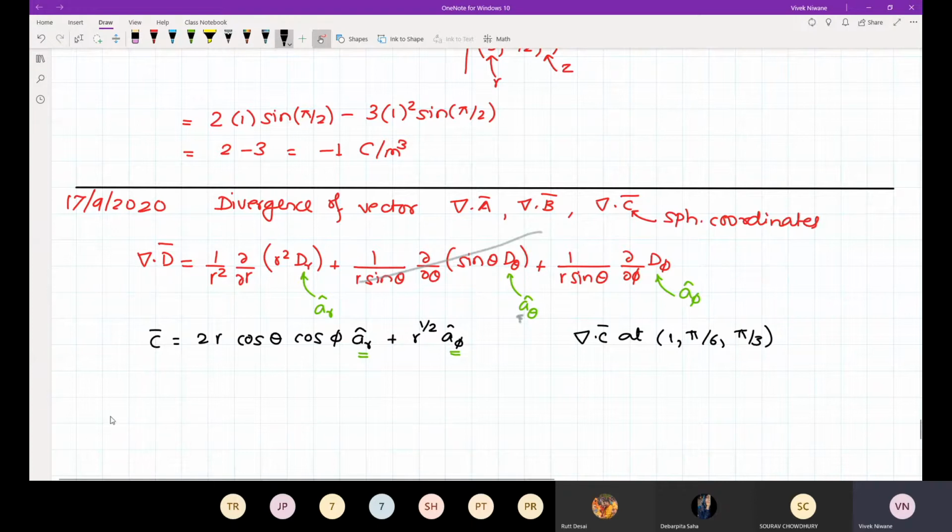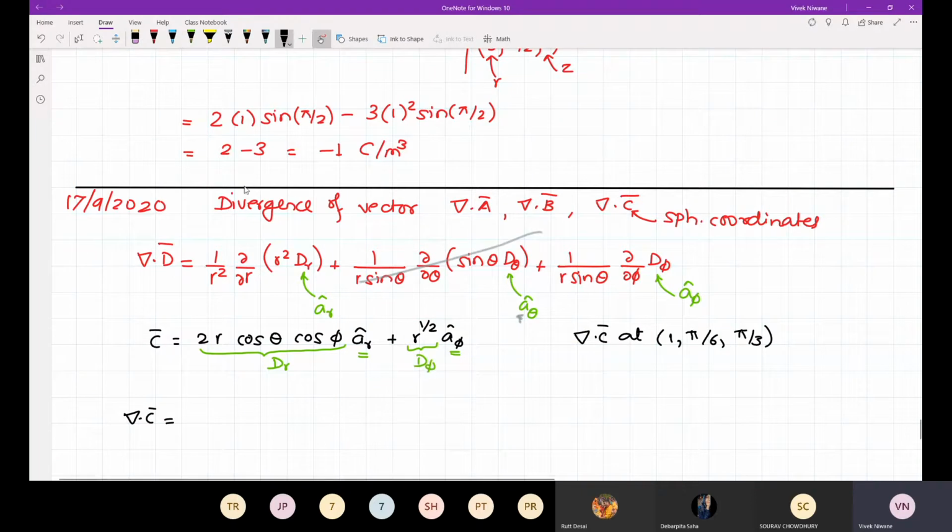So we will be left with del dot C bar equal to this complete term associated with a r cap, which is D r, and this small term associated with a phi cap, which is D phi.